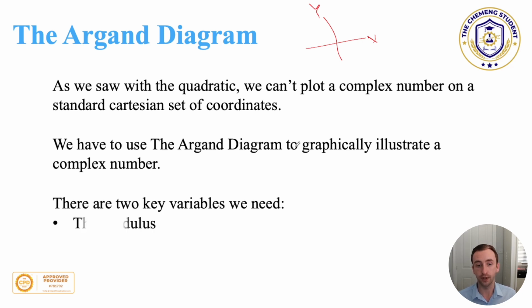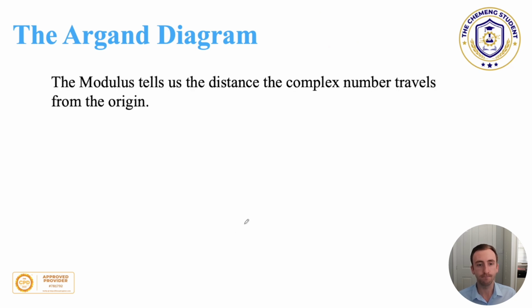But in order to do this, we need two key variables. We need what's called the modulus, and we need the argument. And these are two key critical parameters that we need in order to plot the complex number on an Argand diagram.